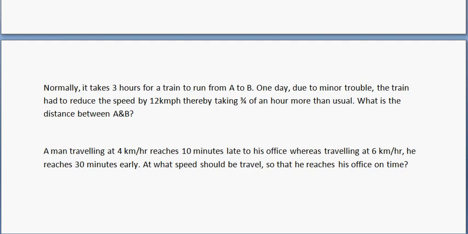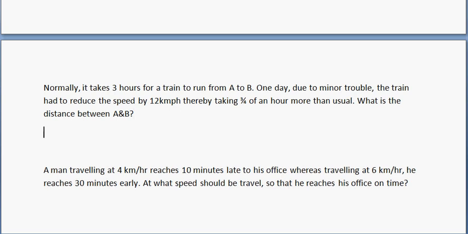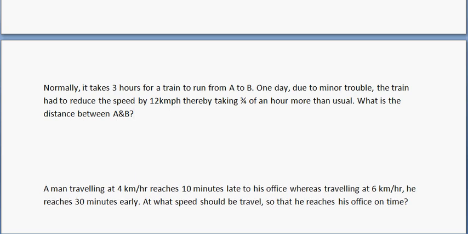Now let's go to an interesting question. This is slightly complicated, but it can be solved easily nonetheless. Normally it takes 3 hours for a train to run from A to B, right? So normally at a given speed, the train travels from A to B in 3 hours.